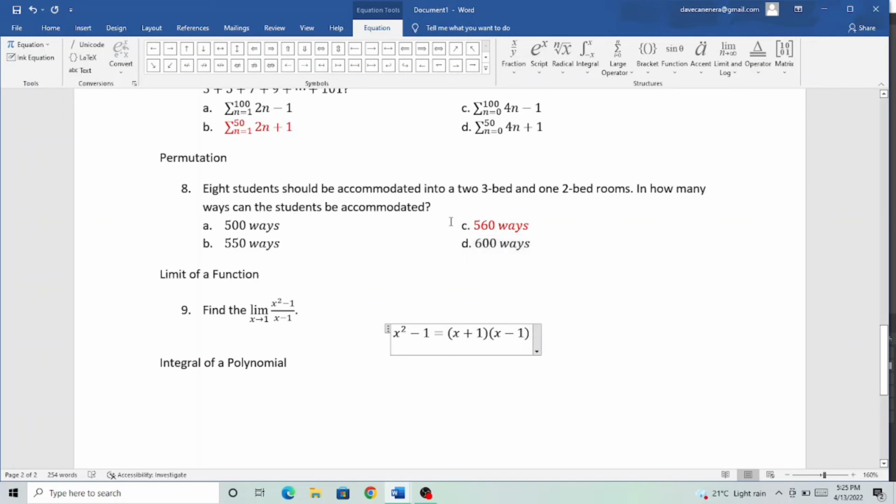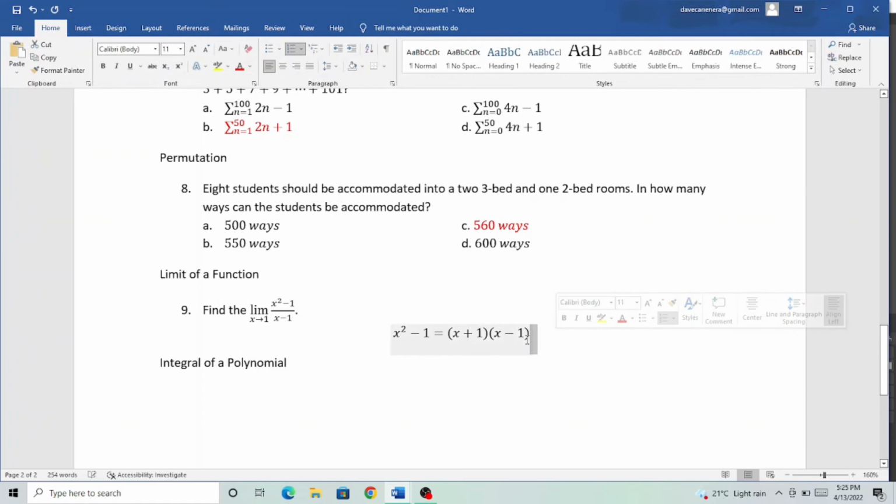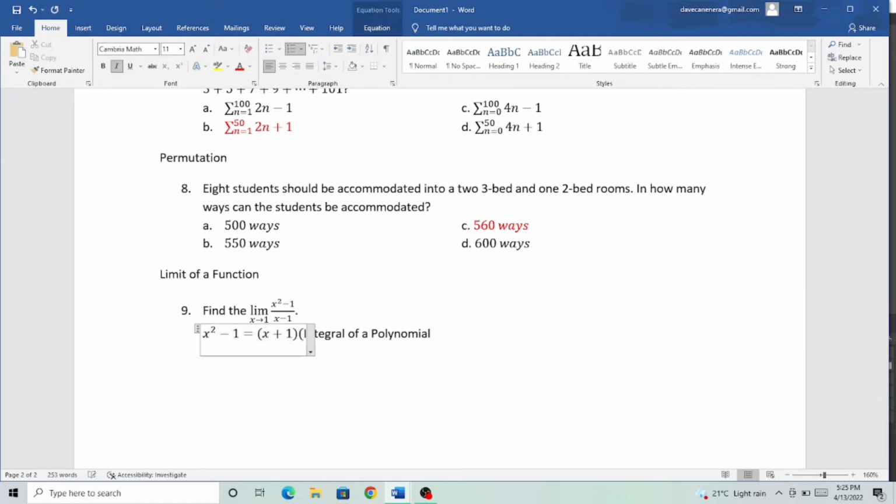As you can see here, in the numerator, x plus 1 times x minus 1, you can cancel out the denominator, and the remaining will be only x plus 1. So it will yield the limit of x plus 1 as x approaches 1. Right.